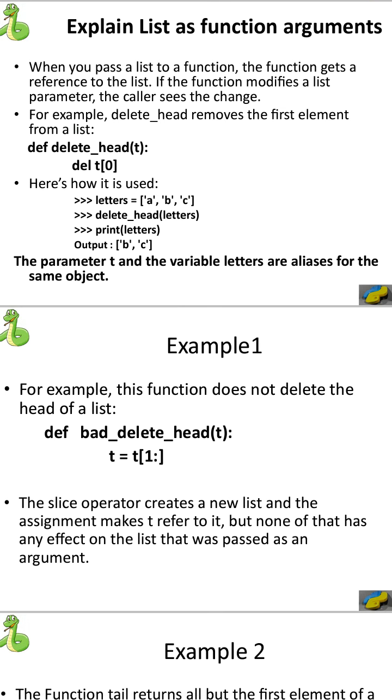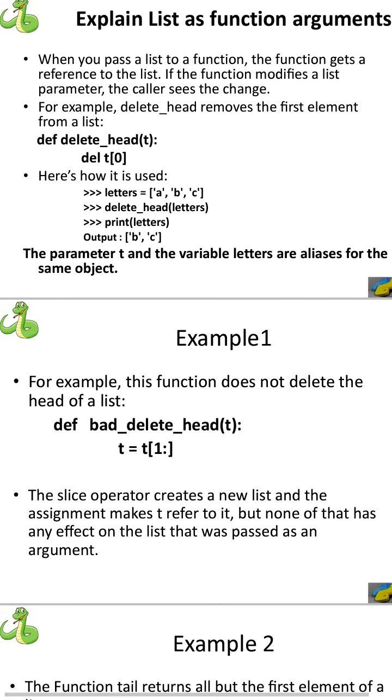Explain lists as function arguments. As we have studied in the C programming language, whenever we pass an array as an argument to a function, the function always receives a pointer to the first element of the array. Similarly, whenever I pass a list as an argument to a function, the pointer is always to the first element of the list.